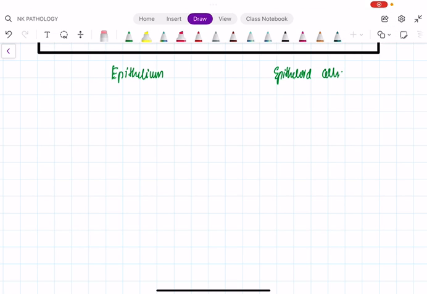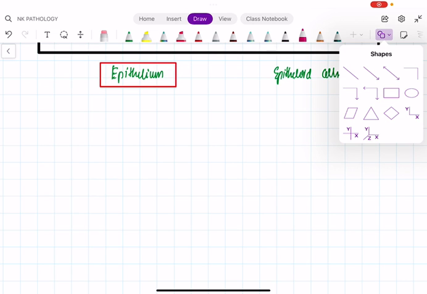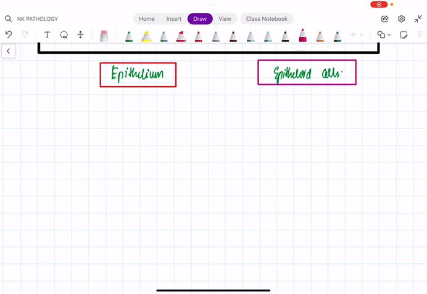See, epithelium means the epithelial cells will have a basement membrane. In simple terms, I am going to draw a picture. This is the basement membrane. You have cells like this. This is epithelium.